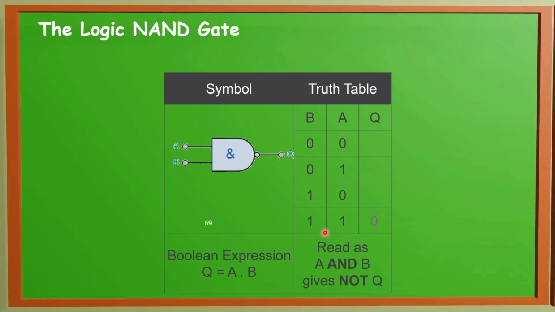So when will be the output 0? For AND gate only output was 1 when both the inputs were 1. But here the opposite will happen. If both inputs are 1, NAND gate will give 0 as output. All others will get output as 1. This output is exactly opposite to AND gate. So it is read as A and B gives not Q.